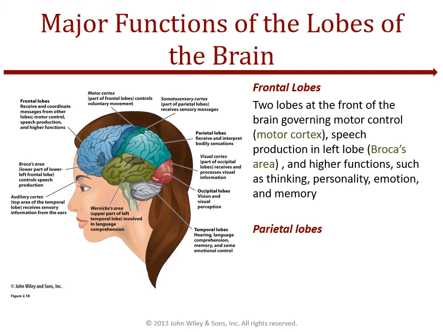The final thing about the frontal lobes is that they control most higher functioning that helps to distinguish humans from animals, such as our ability to think, again, how our personality is constructed, our emotions and memories. Abnormalities within the frontal lobes are often observed in patients with schizophrenia.